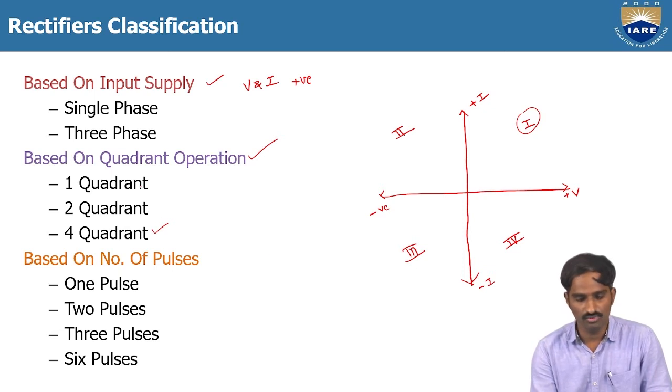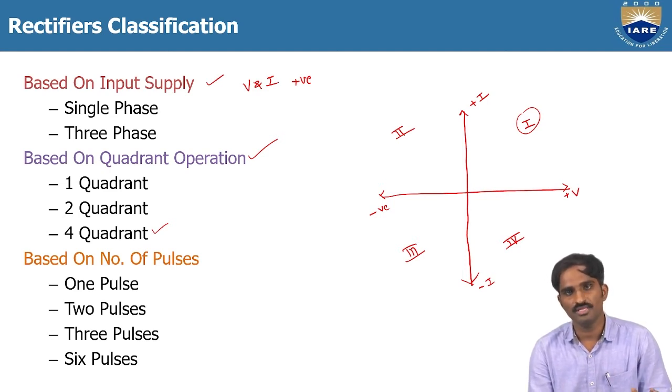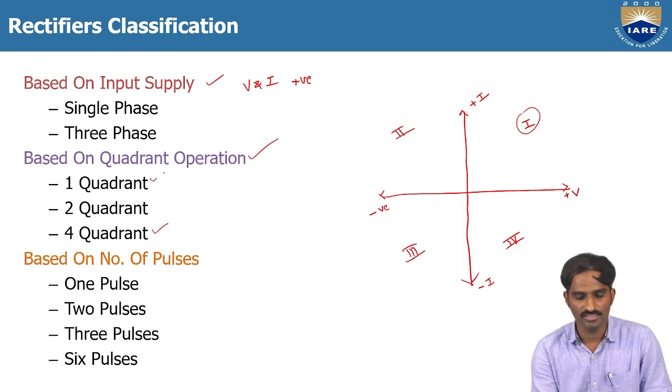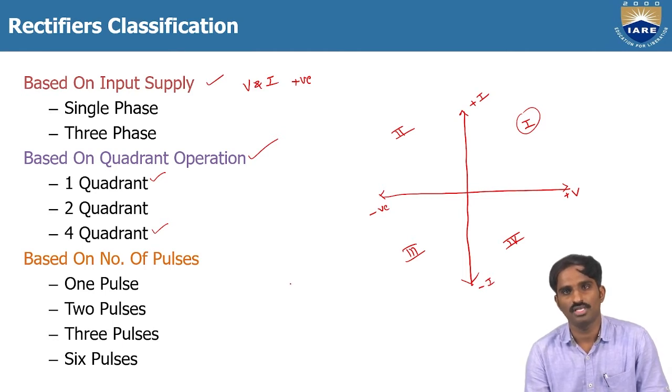Then what are the single quadrant, two quadrant and four quadrant rectifiers? Because already we have the basic three classifications, which are uncontrolled, fully controlled, and semi-controlled or half controlled. The uncontrolled and semi-controlled rectifiers are also called one quadrant or single quadrant rectifiers.